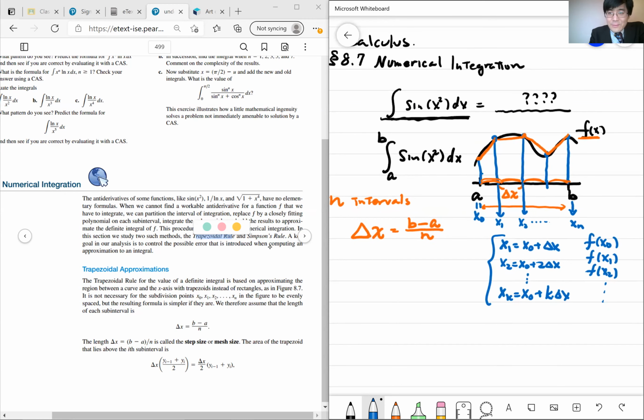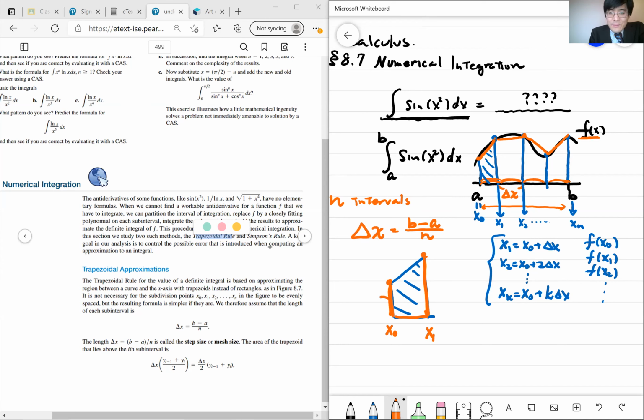Now let's look at the first trapezoid here. How do you find the area of the trapezoid? The area can be found by upper base plus lower base, multiplied by height, then divided by 2. The length here is the y value at x equal to x naught, and this length is the y value at x equal to x1.